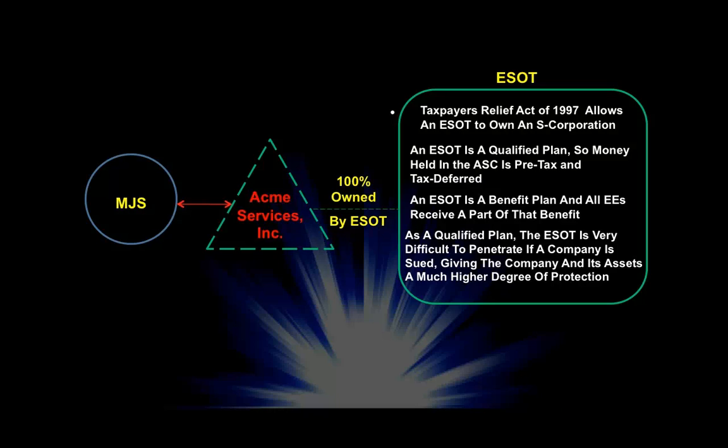If an employee participant receives a benefit and he gets a divorce, the wife is entitled to part of that benefit, or the husband is entitled to part of that benefit. So you have a much higher level of risk management and asset protection when you have this kind of structure.